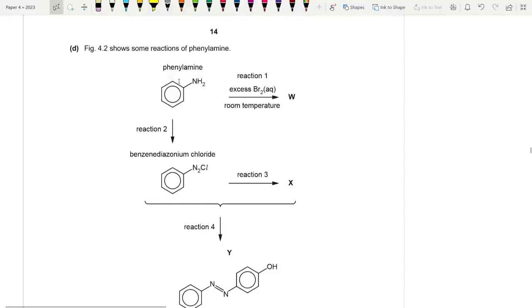Figure 4.2 shows some reactions of phenylamine. So phenylamine reacts with aqueous bromine to form a white precipitate at room temperature, just like phenol. It forms 2,4,6-tribromophenylamine.